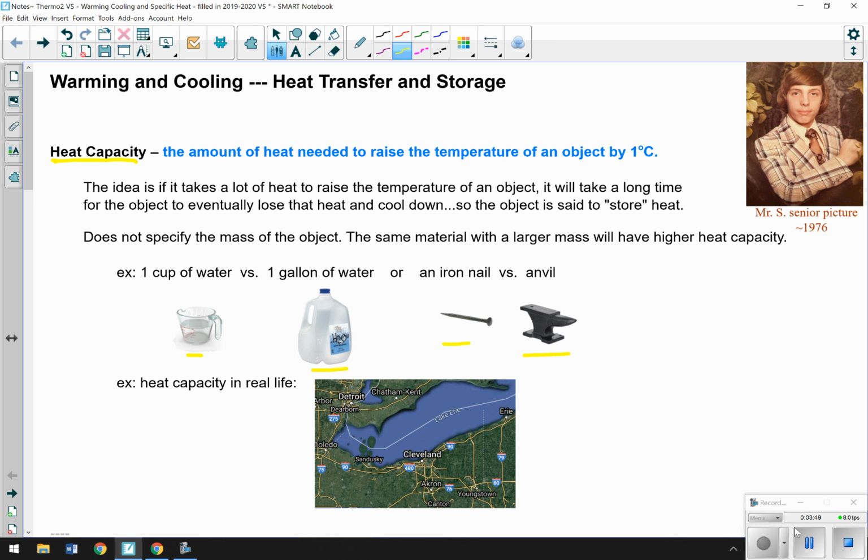Now think about way back to the beginning of the year, that would be an extensive property. It's a property that depends on how much you have. So now I'd just like to go over an example of how we may experience heat capacity in real life.